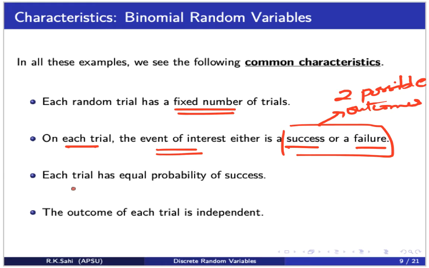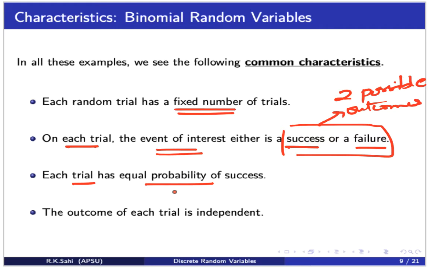Okay, now every trial has the same probability of success. For example, when you guess a true-false question, what is the probability of success? If there are only two possible choices, the probability of success here is 0.5 because it's half. Similarly, when you're flipping a coin, what is the probability of success, depending upon what you're looking at as an event?